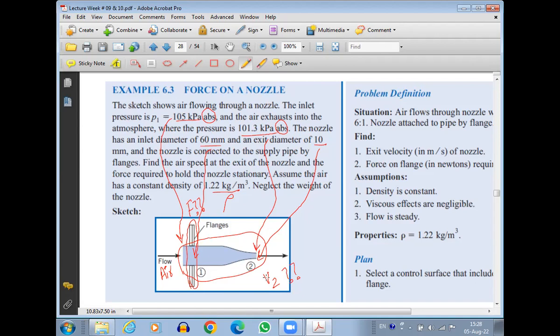Since the air will be passing through the nozzle, we need to find the velocity of the air at the exit, and the density of the air is provided. And how much force will be needed to keep the nozzle in place. Since we are talking about fluid kinetics, the force factor is important and needs to be considered. So this is the problem statement and the figure.